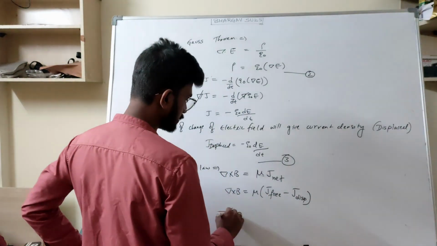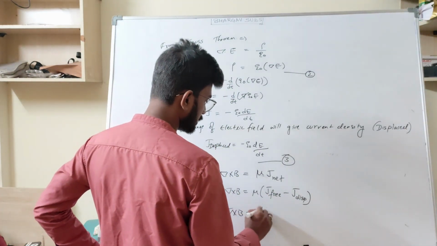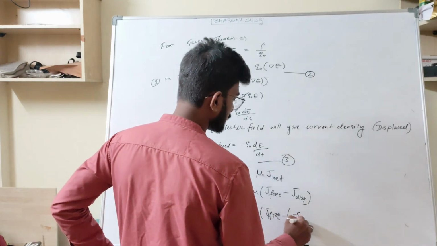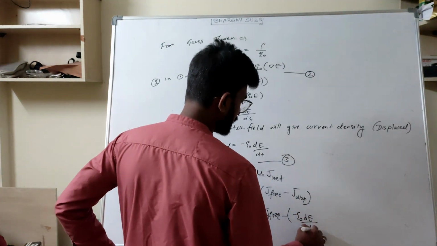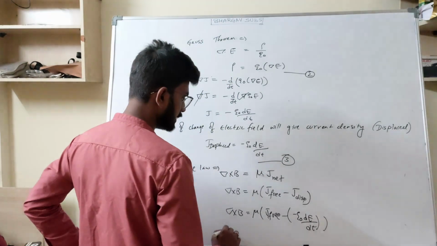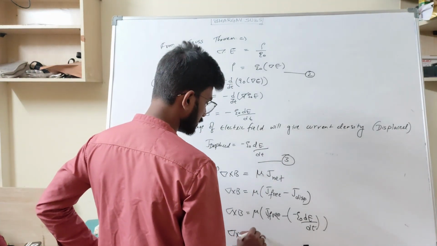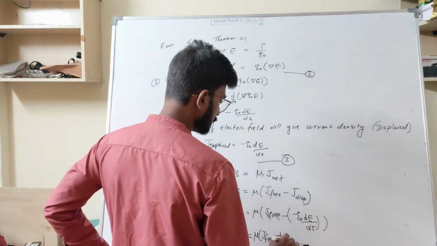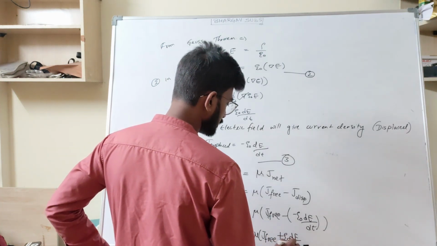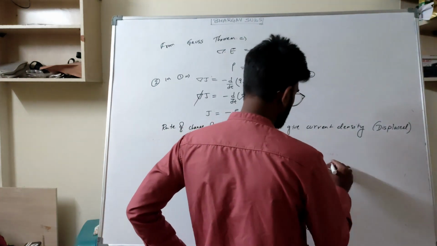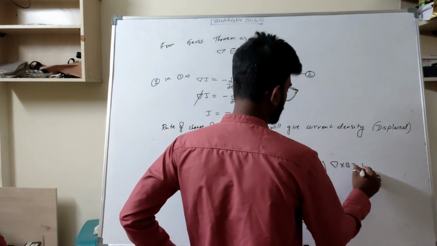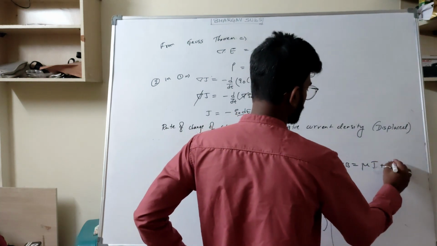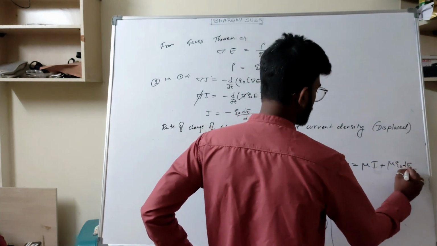So curl of B is equal to mu times J free plus epsilon naught dE by dt. Multiplying with mu, we get mu J free plus mu epsilon naught dE by dt.